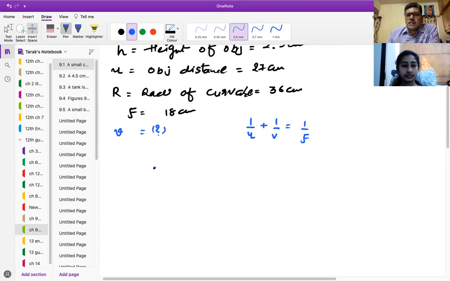Whenever you have such type of examples, rather than solving each and everything, what I suggest is that you directly place u minus f divided by uf, which is 1 upon v.